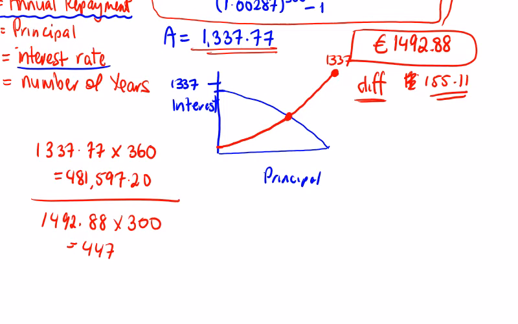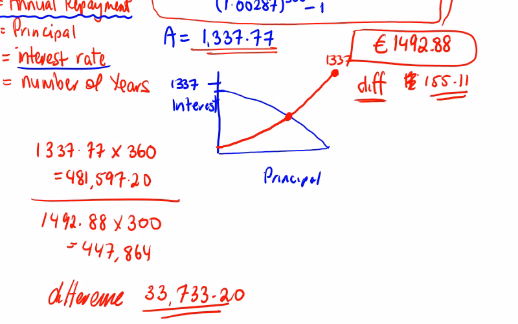It is less. Round off, so the difference, just use your calculator to take them away. You don't have to write the two big numbers out again. It's 33,733.20. And that's how much less they'll pay back.